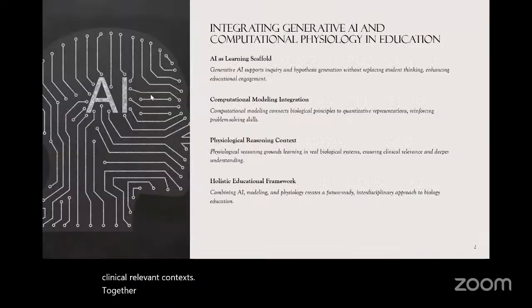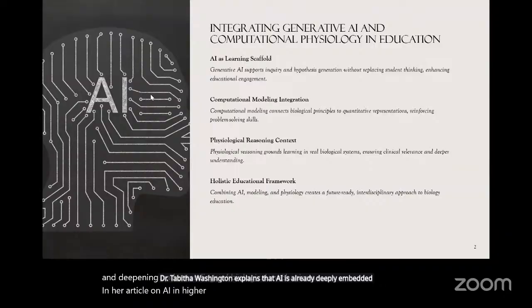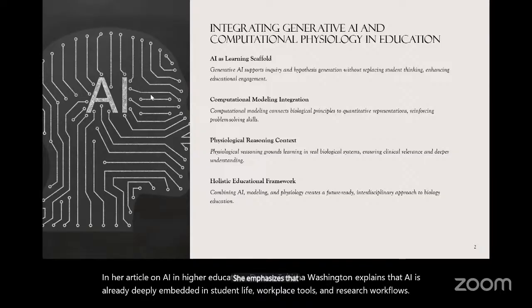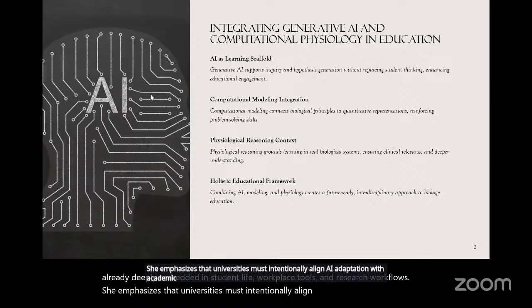In her article on AI in higher education, Dr. Tabitha Washington explains that AI is already deeply embedded in student life, workplace tools, and research workflows. She emphasizes that universities must intentionally align AI adaptation with academic values and develop institutional-wide strategies for its responsible use.